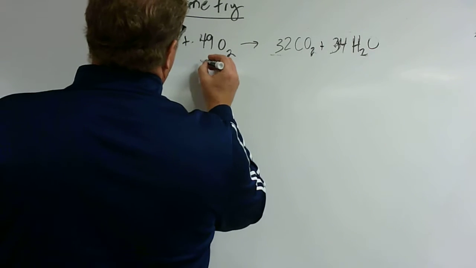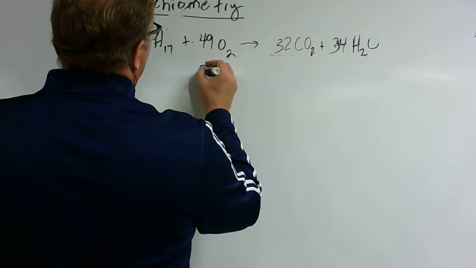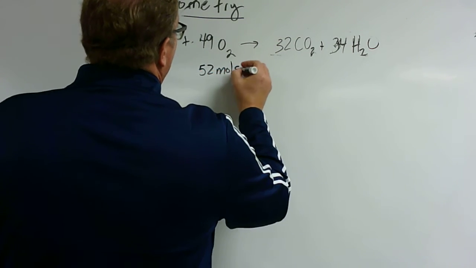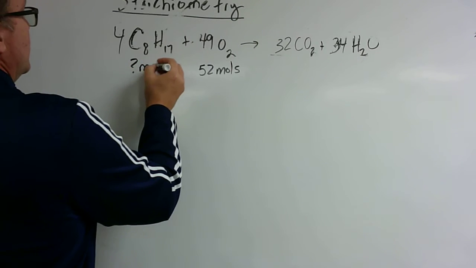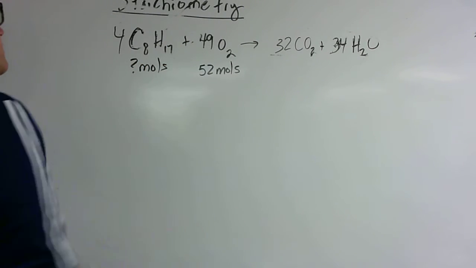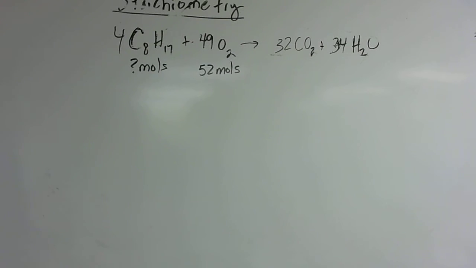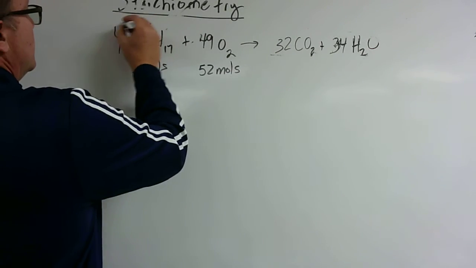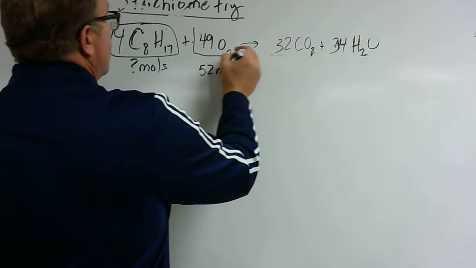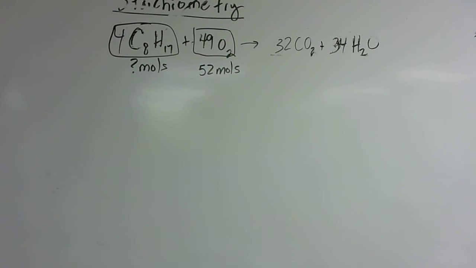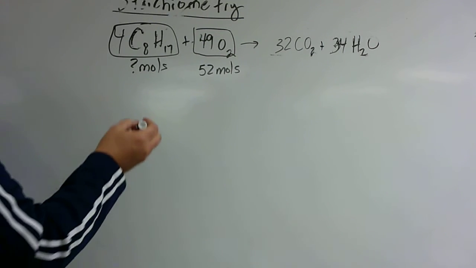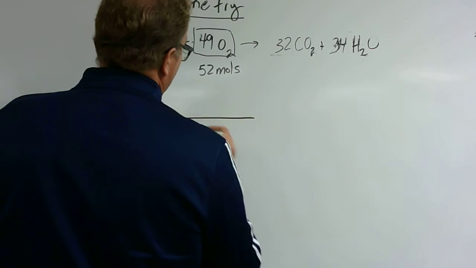Let's say I have 52 moles of O2. And I want to figure out how many moles of this I have. Now you just need to remember, if we did our mole conversions, if we saw mole, it always seemed to take away one of the equations. Now we see moles twice, so it's actually going to make this a whole lot shorter.